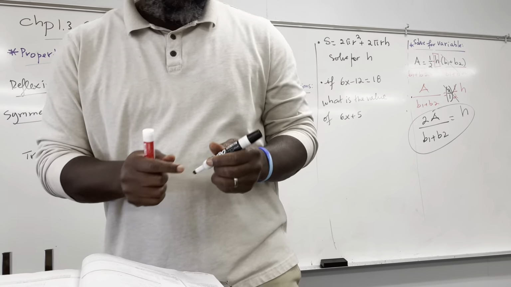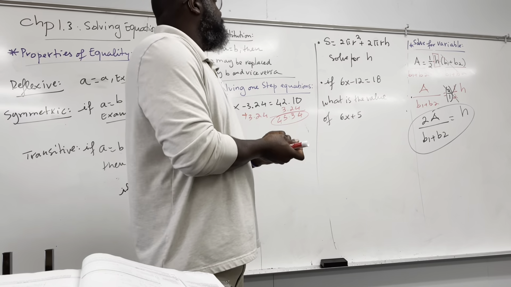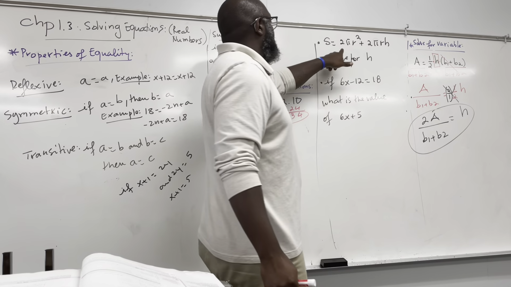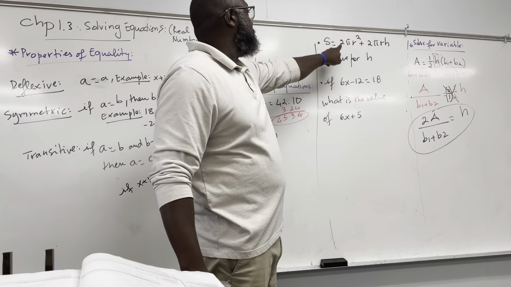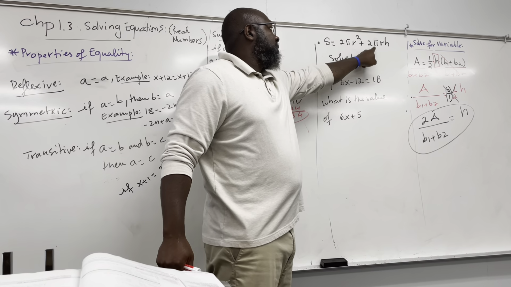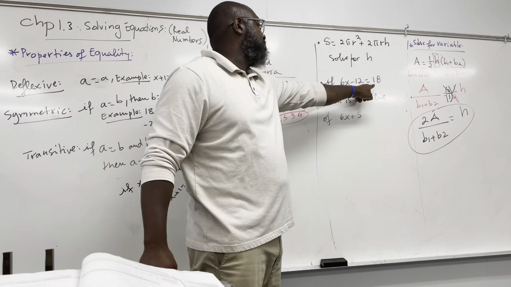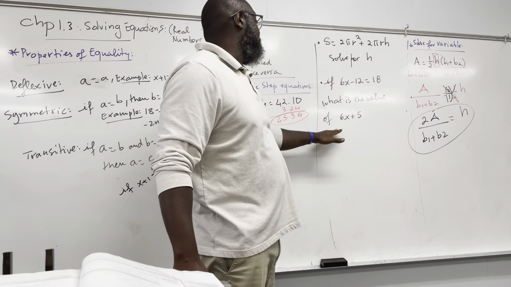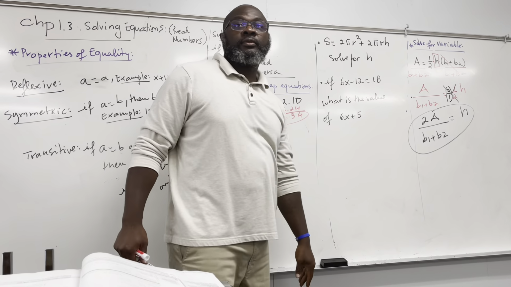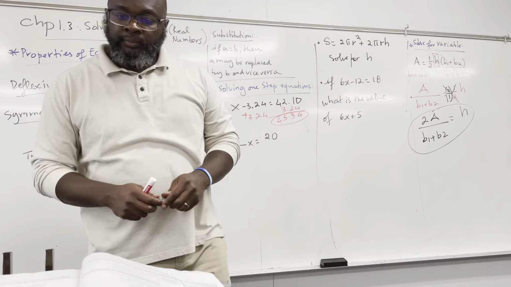Go ahead and solve these two. So first, solve for h, knowing that S is equal to 2 pi r squared plus 2 pi r h. I want you to solve for h. And here, if 6x minus 12 is 18, I want you to find the value of 6x plus 5. Okay?